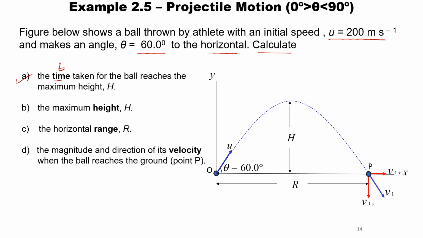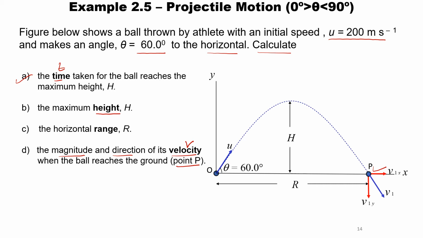Question B, the maximum height. Question C, the horizontal range, symbol capital R. Question D, the magnitude and direction of its velocity when the ball reaches the ground at point P.